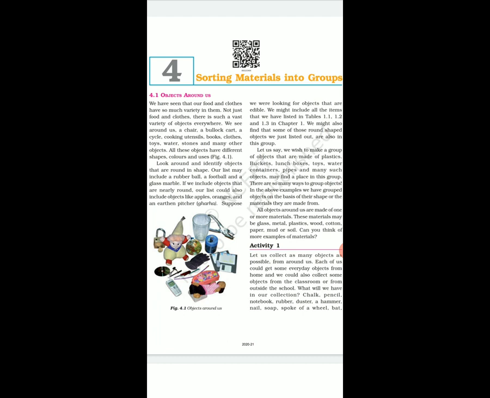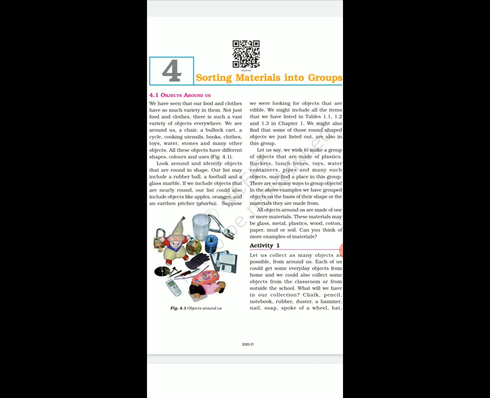We see around us a chair, a bullock cart, a cycle, then books, clothes, utensils, water, many things. So all these objects have different shapes, colors and uses.